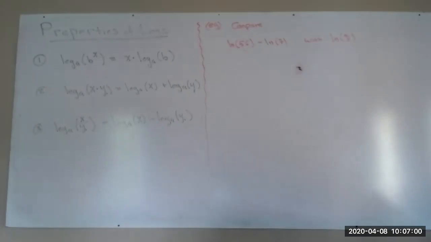So you can grab your calculator, and I encourage you to do so along with me here. Type in ln of 56, close parentheses, minus ln of 7, close parentheses. And you see that the ln of 56 minus the ln of 7 is 2.07944.